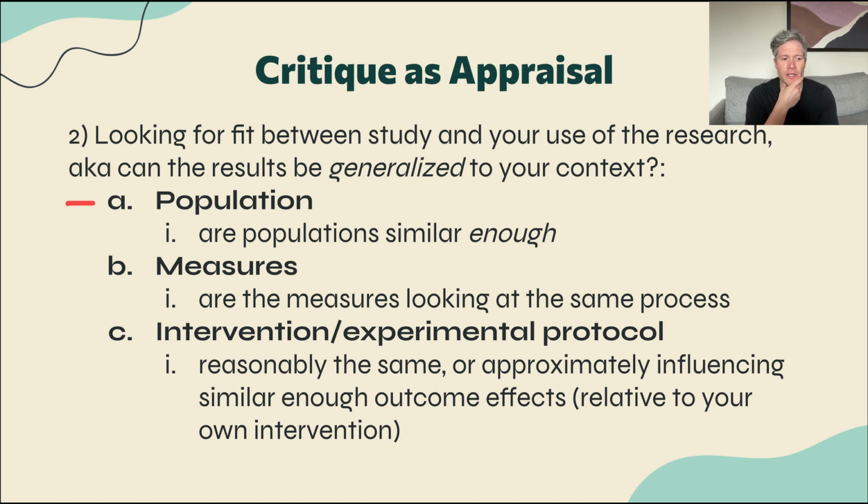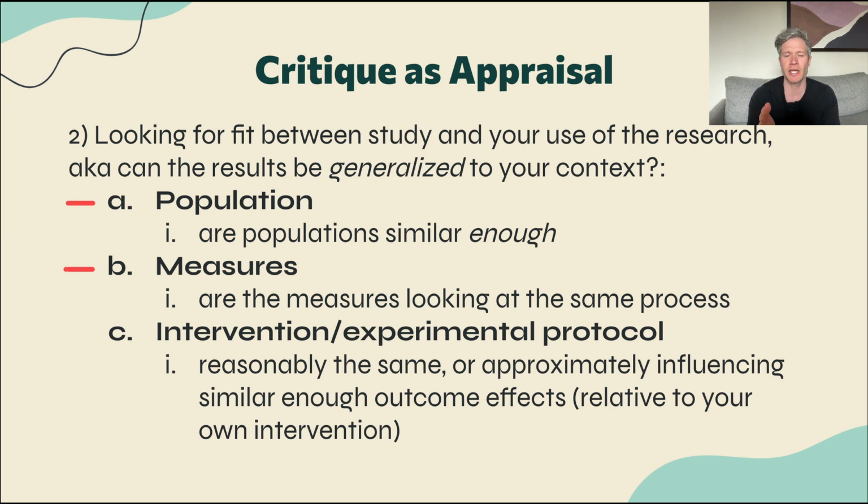Maybe one study looks at a healthy population of adults from 45-year-olds to 80-year-olds, so getting to older adulthood, and your client or your population is young adults. Well, there are some differences, but depending on what outcome measure you're looking at, it might be okay, right? Measures, are they the same?